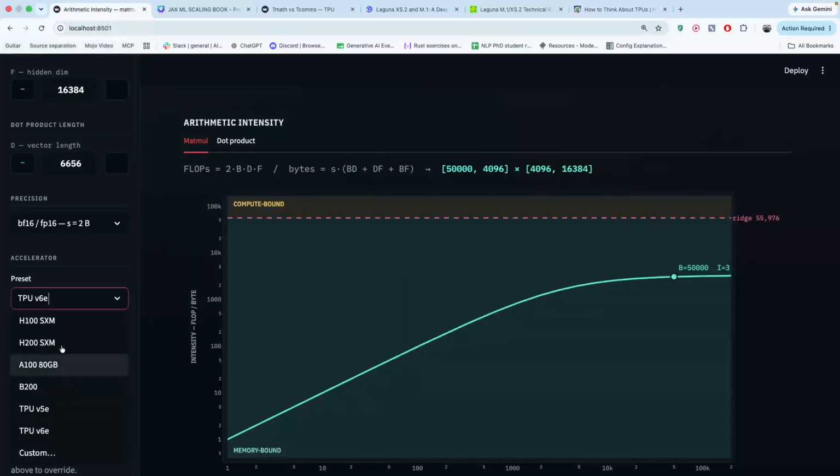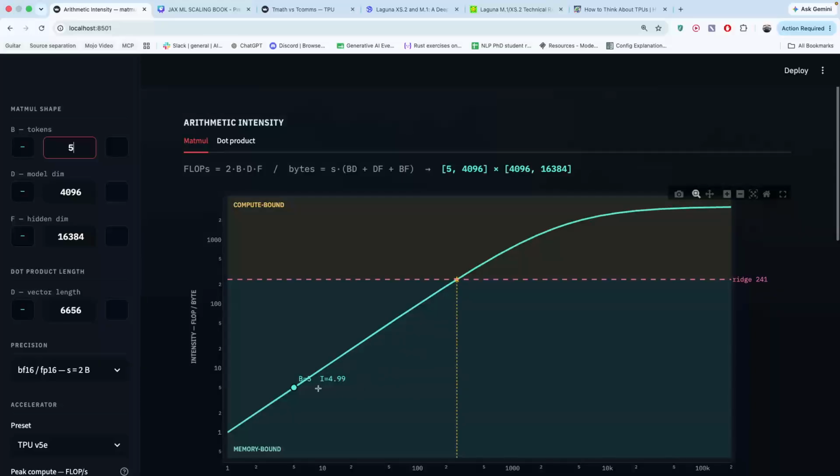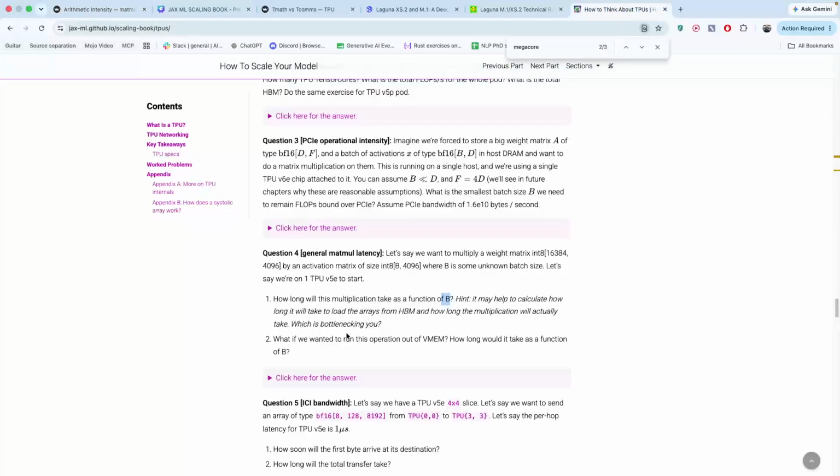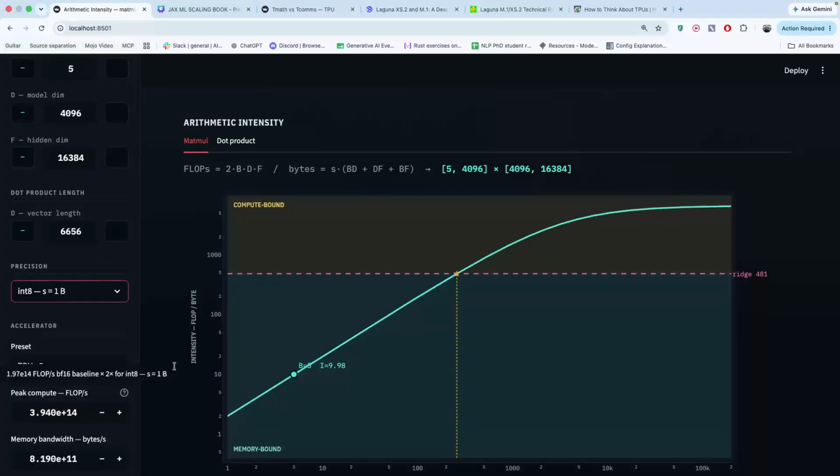So we are going to select the TPU v5 architecture. Let's keep it down actually. And yes, you have this compute-bound region, and you can see the ridge value is 241. Let's see what the data type is. It's int8, so your ridge point is going to increase now.